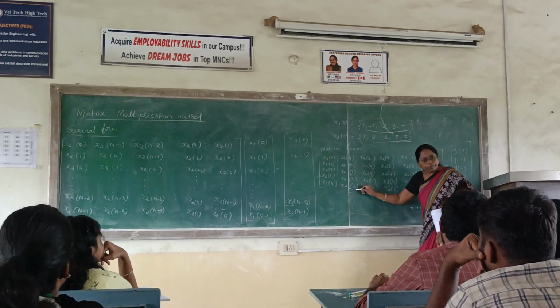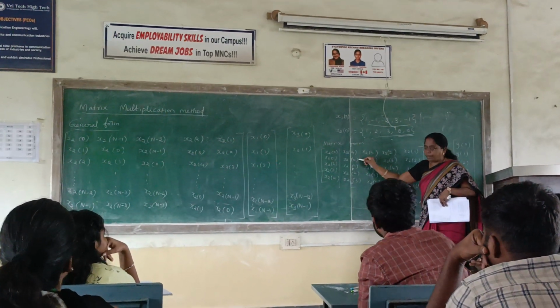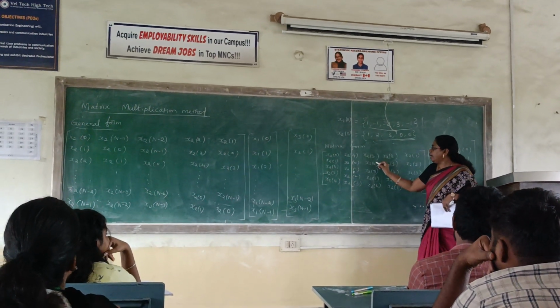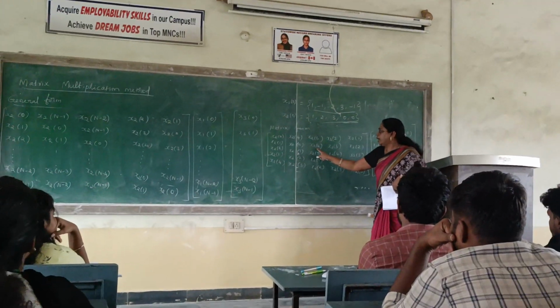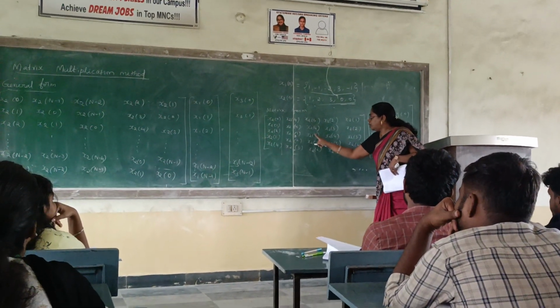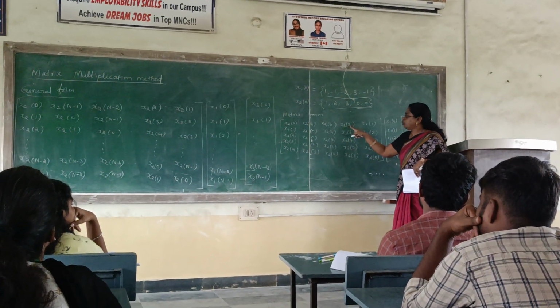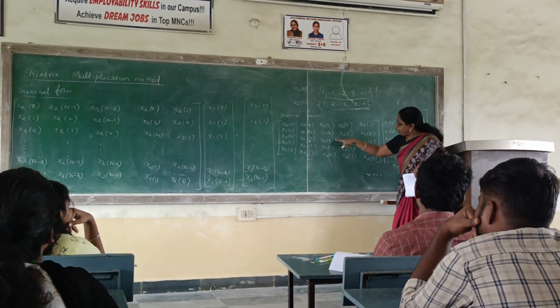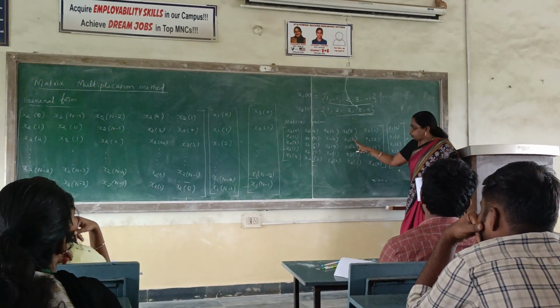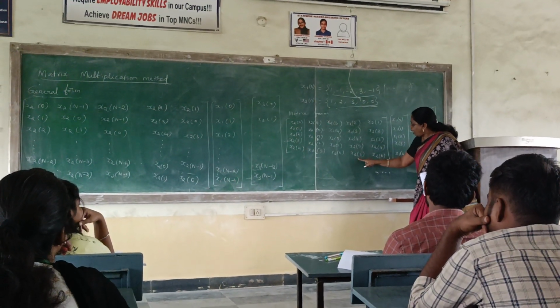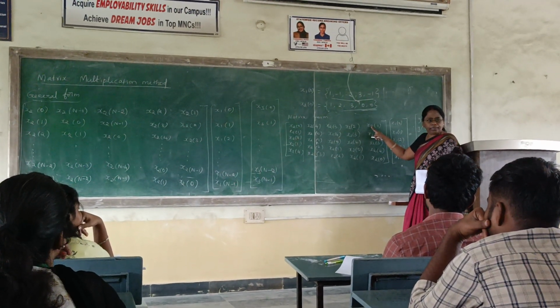What is the next step? x2 of 3 at the top, and the remaining elements you are supposed to write: x2 of 3 and x2 of 4, then x2 of 0, x2 of 1, x2 of 2. Then x2 of 2 at the top, and the remaining elements you have to write: x2 of 3, x2 of 4, x2 of 0, x2 of 1. And this is how x2 of 1 goes at the top.